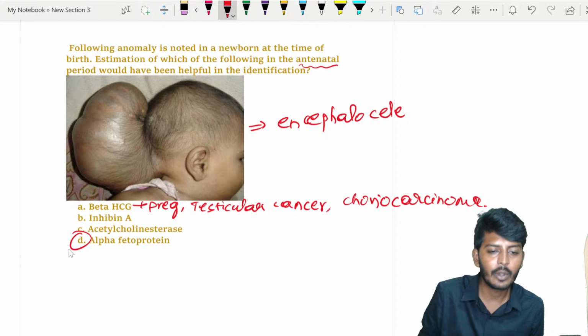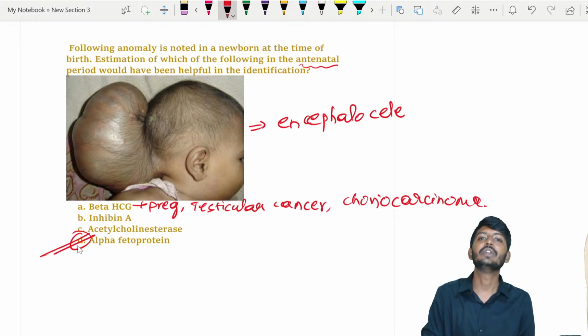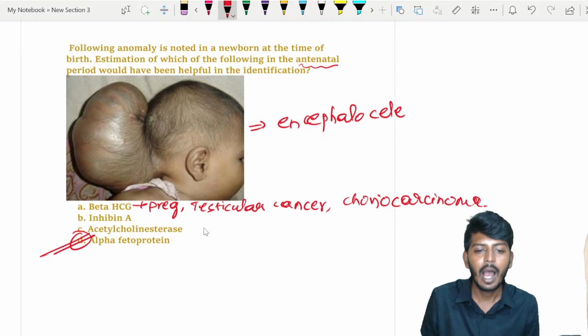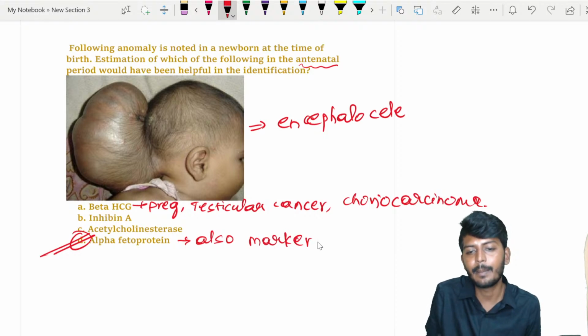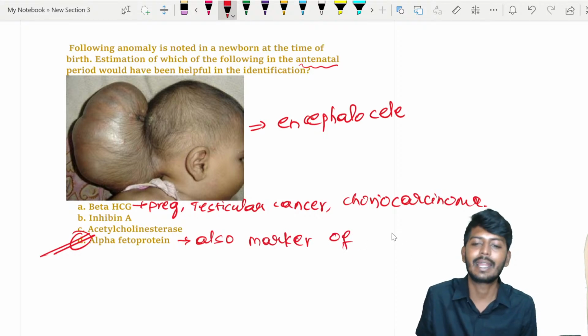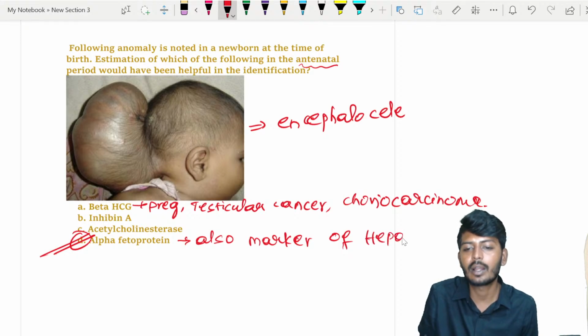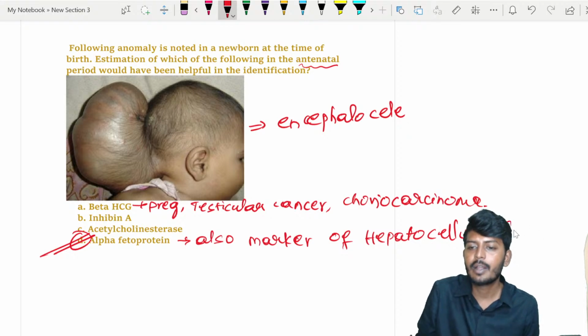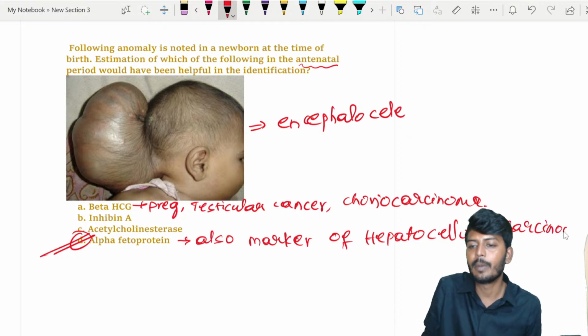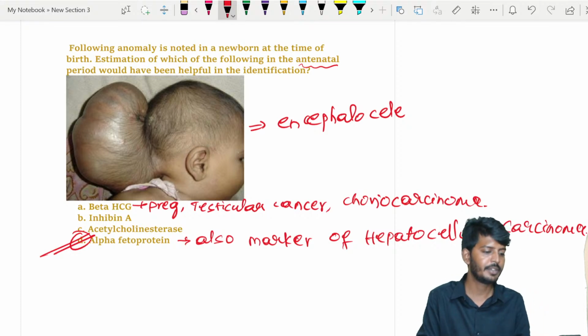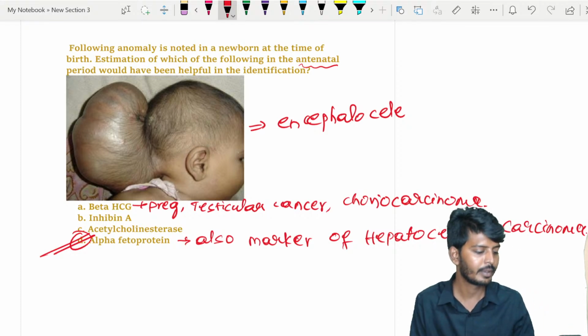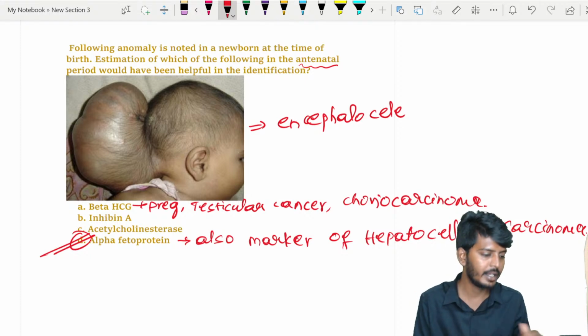In this case scenario, we could have checked alpha fetoprotein, also a marker of one more very important cancer, hepatocellular carcinoma. ठीक है बच्चों? So the answer will be D. It is not a given or anything. The answer is D.